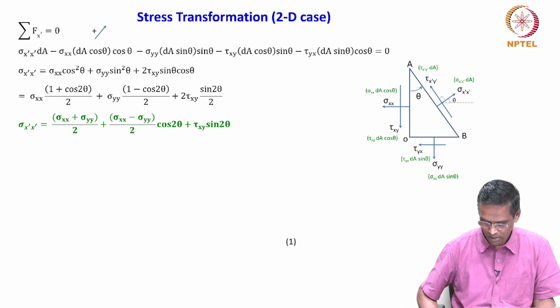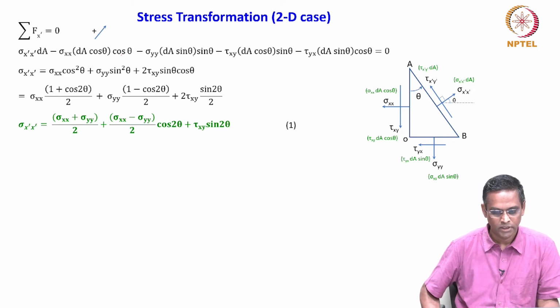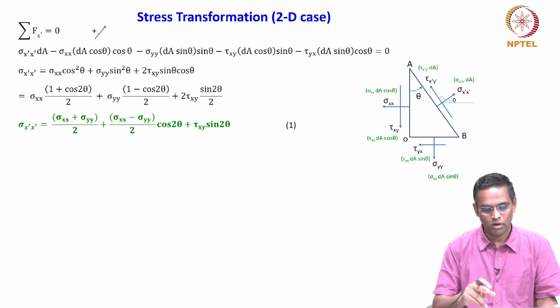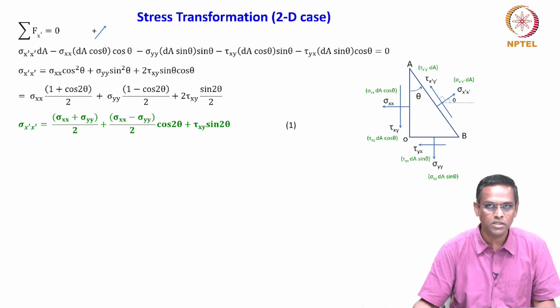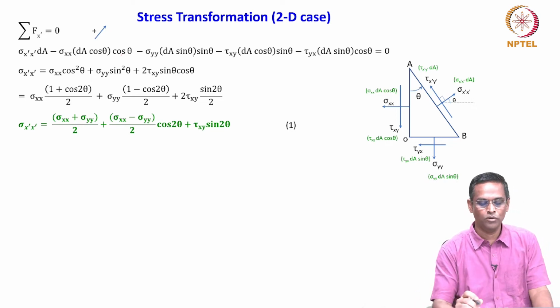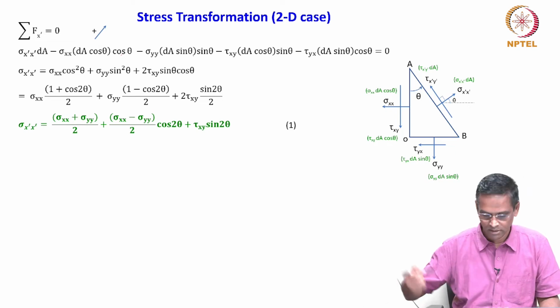This is the first equation of normal stress with arbitrary orientation. What does it mean? If you want to find the normal stress in an oblique plane and you know theta, plug in the theta value and you will get the normal stress value.